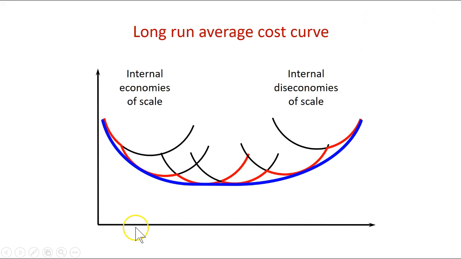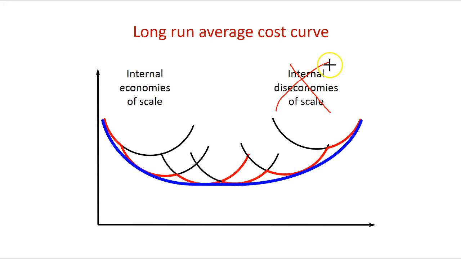It should be borne in mind that some economists argue that this is not accurate, and that in fact you could have a long-run average cost curve which might initially be downward sloping, but it doesn't experience diseconomies of scale. It experiences internal economies of scale, but it doesn't experience internal diseconomies of scale.